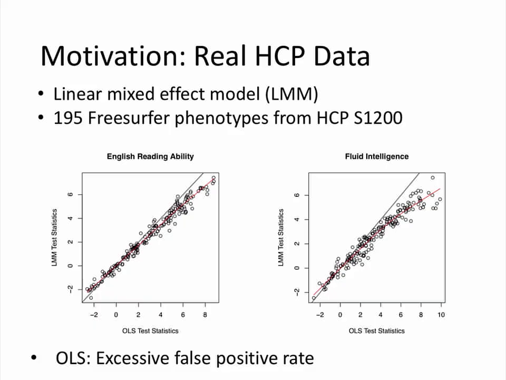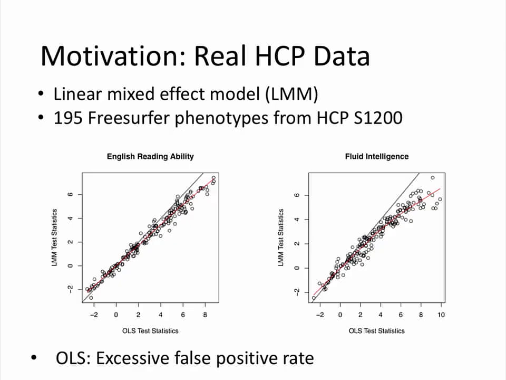So what's the solution? The linear mixed effect model is a standard statistical method to perform covariate inference in the presence of the kinship matrix. What we did here, we looked at the relationship of reading English ability with all of the FreeSurfer phenotypes from the HCP S1200 release, and we compared the test statistics of the OLS, when you ignore the kinship matrix, with the test statistics that come from the linear mixed effect model.